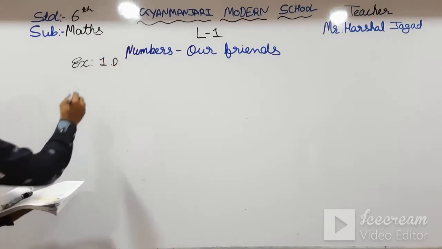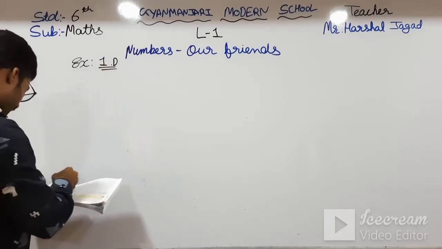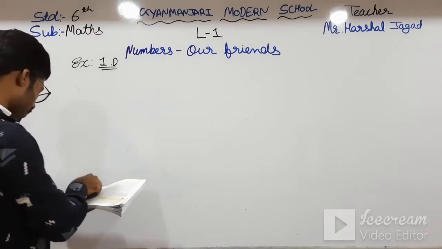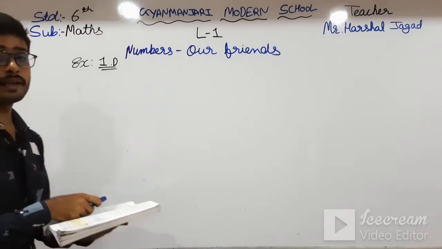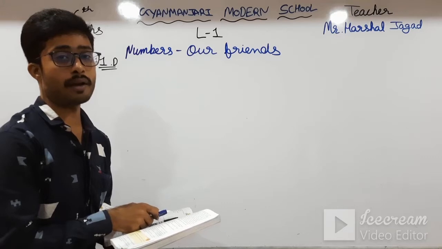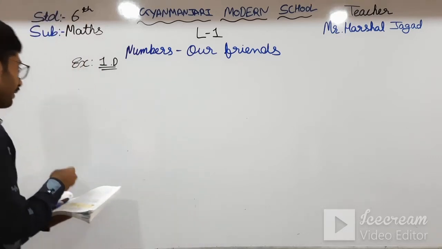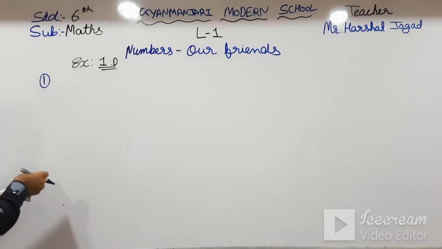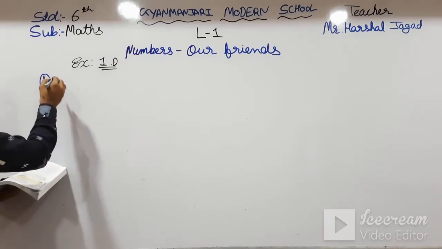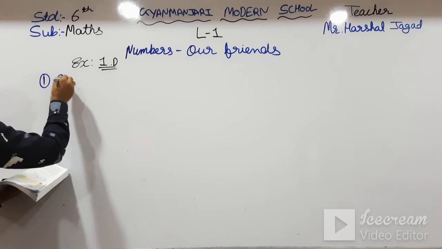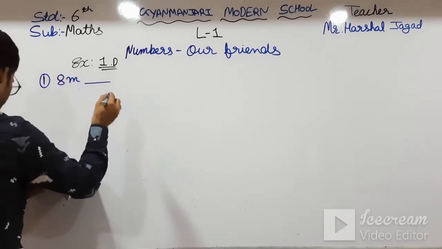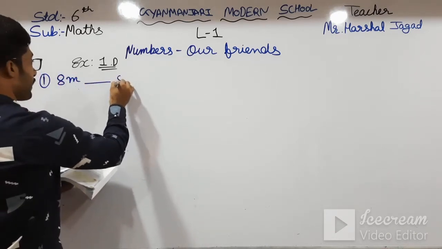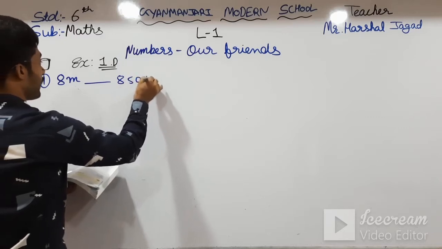Okay students, exercise 1D. In that we have to put greater than, smaller than or equal to. Here is your first sum, that is 8 meter and 850 centimeter.